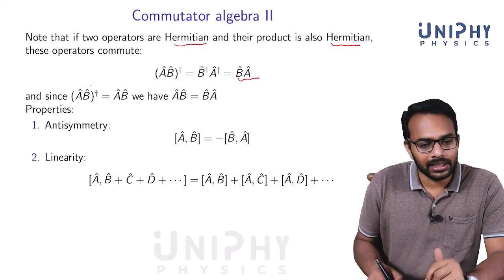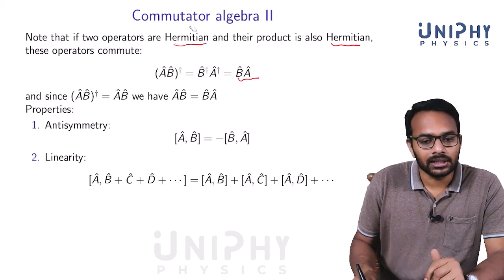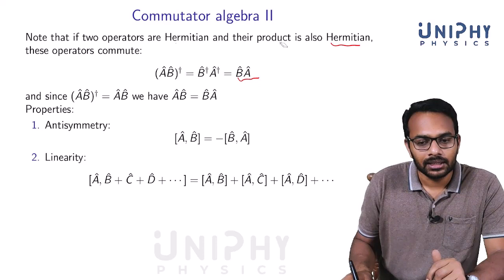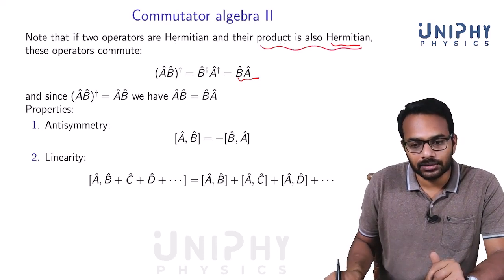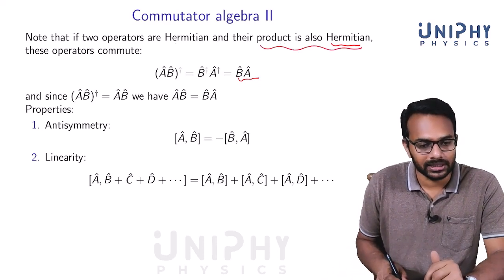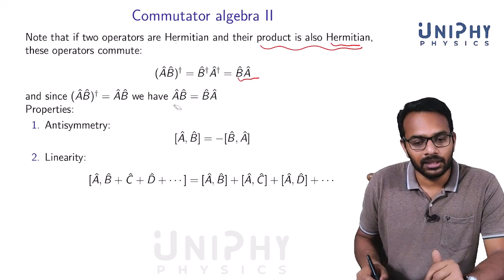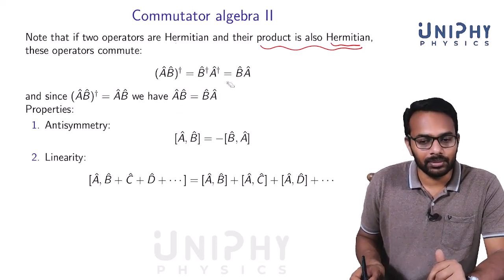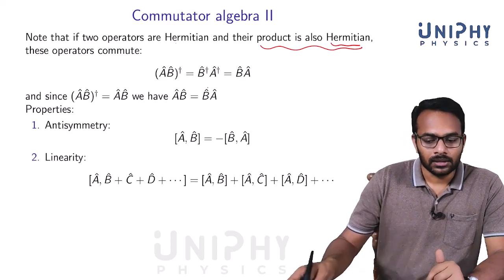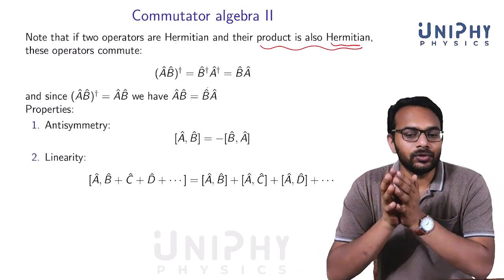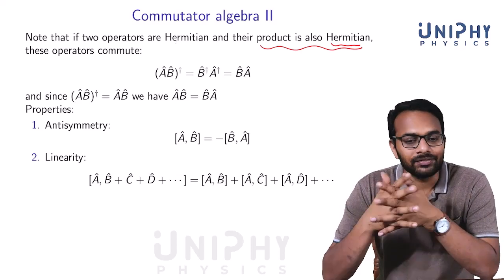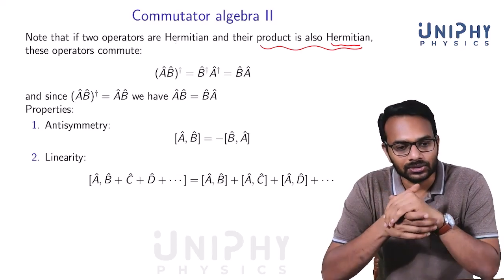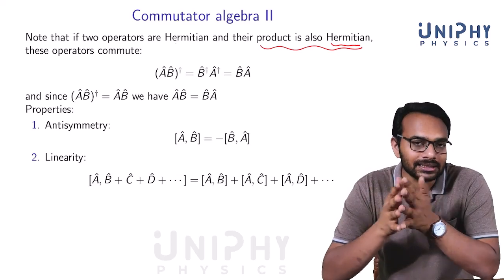If AB is also Hermitian, then (AB)† equals AB, and so we have AB equal to BA. So it's clear that if A and B are Hermitian and their product is also Hermitian, then these operators must commute.